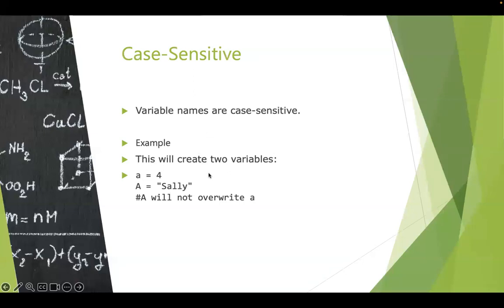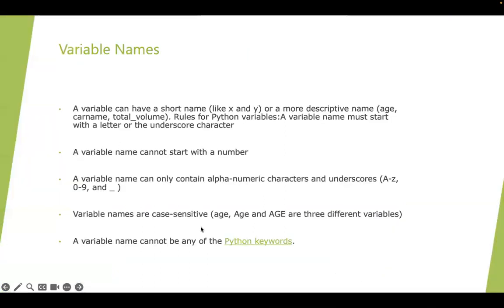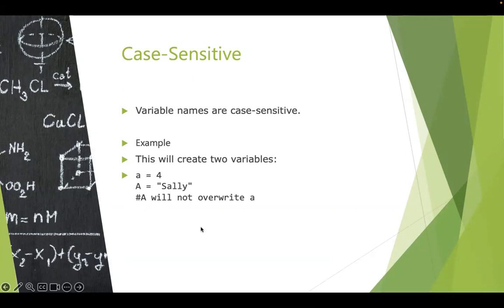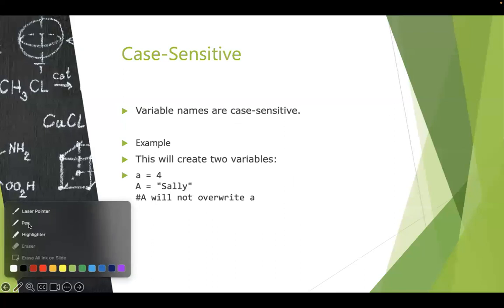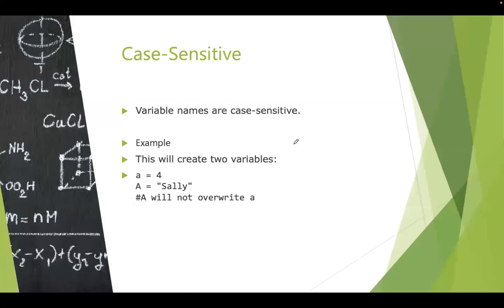Another thing about variables is that they are case sensitive. You usually hear this word in programming languages. Let's say, for example, SQL is not case sensitive. When you say something is case sensitive, the meaning is that if you write a capital letter instead of a small letter, it's not going to work.